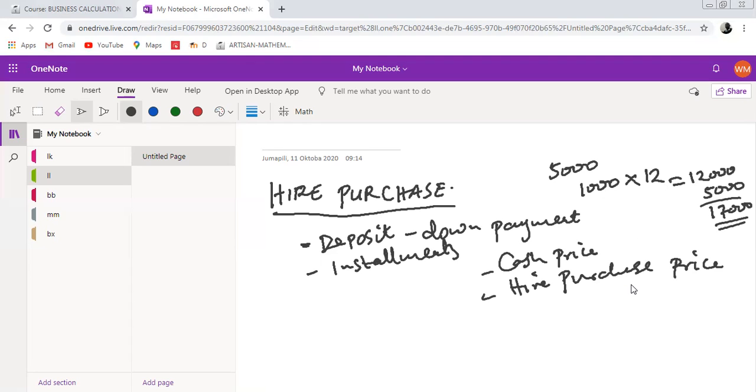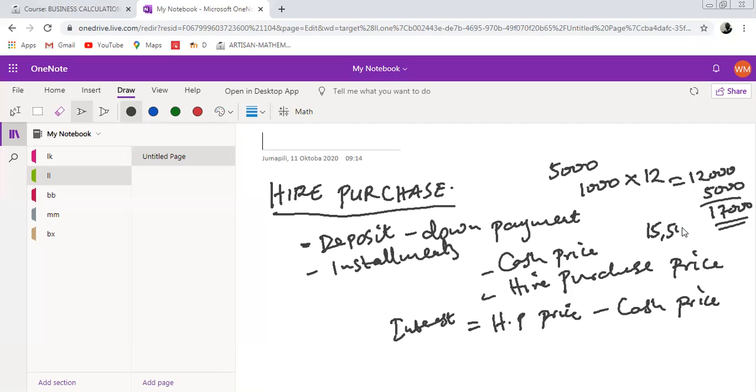The difference between the two is actually known as the interest. So if you are asked about the interest, it is the same as the hire purchase price minus the cash price. You will find that this TV that was bought through hire purchase for 17,000, if the buyer paid cash, maybe you could have spent 15,500.